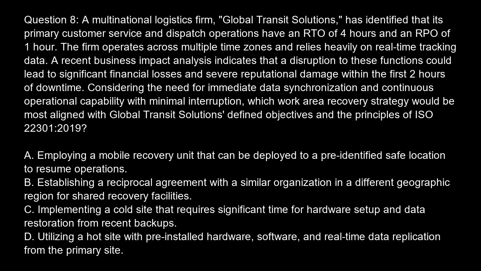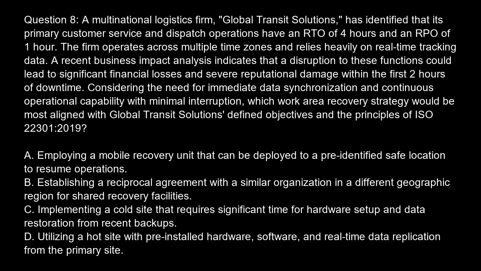Question 8. A multinational logistics firm, Global Transit Solutions, has identified that its primary customer service and dispatch operations have an RTO of 4 hours and an RPO of 1 hour. The firm operates across multiple time zones and relies heavily on real-time tracking data.